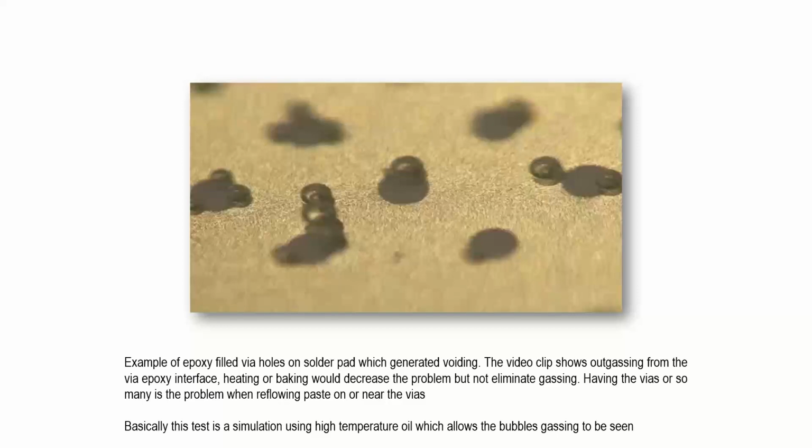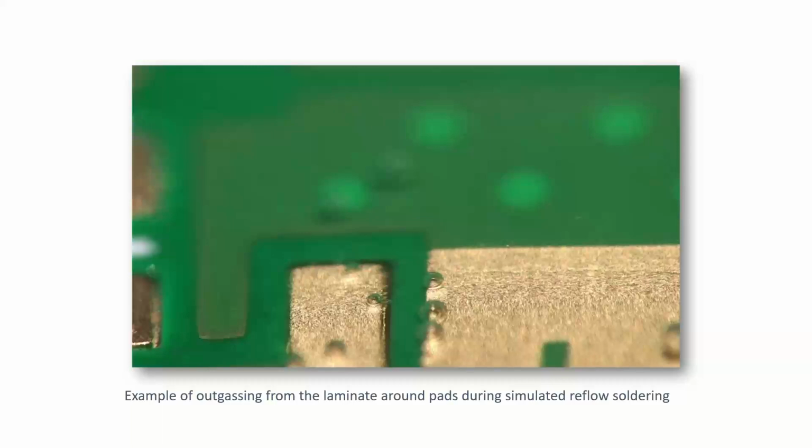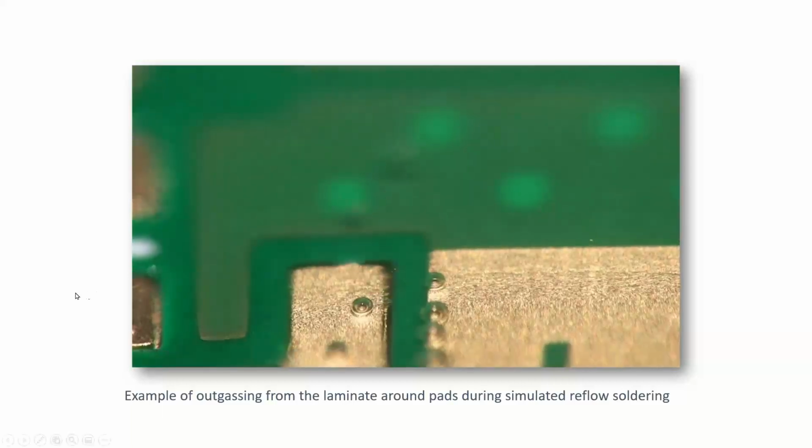Another thing with bottom termination components is that we can get gassing from the laminate surface around the pads, or sometimes from underneath the solder mask. So this is just another experiment with another part, and what you're looking at here, we're actually showing the gassing through the oil again.